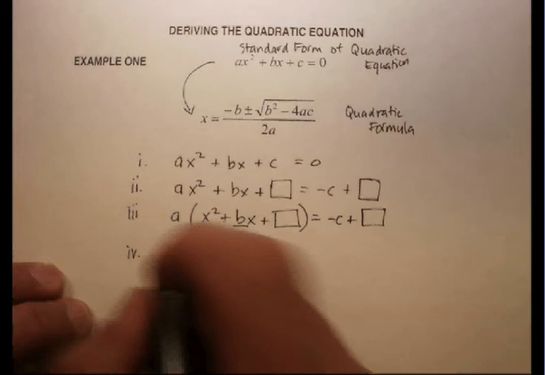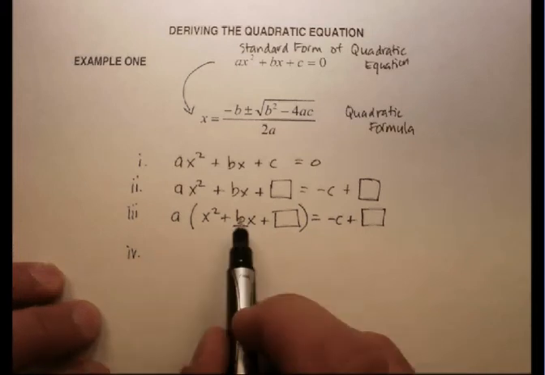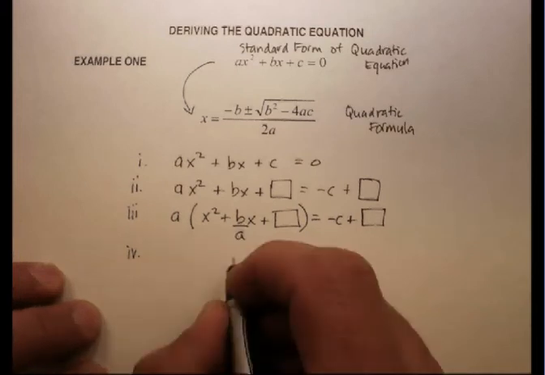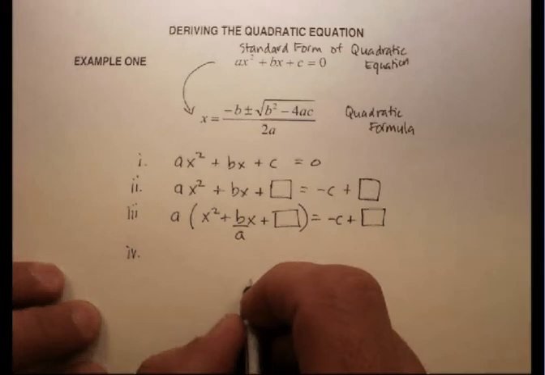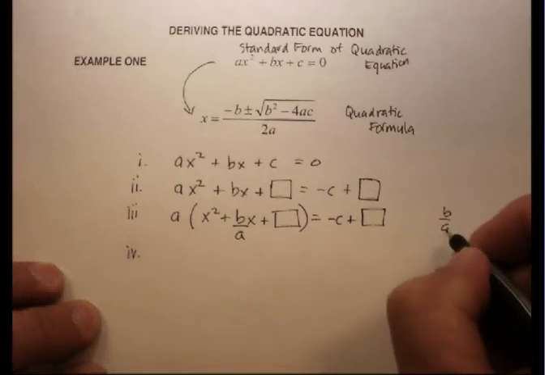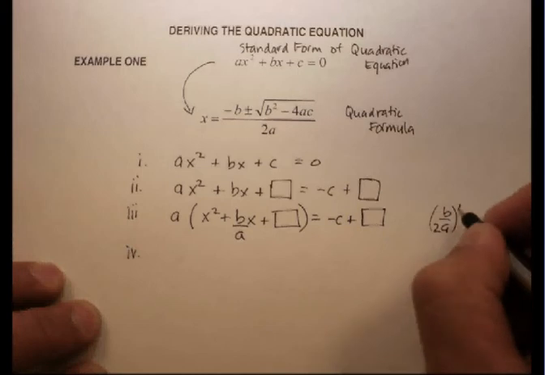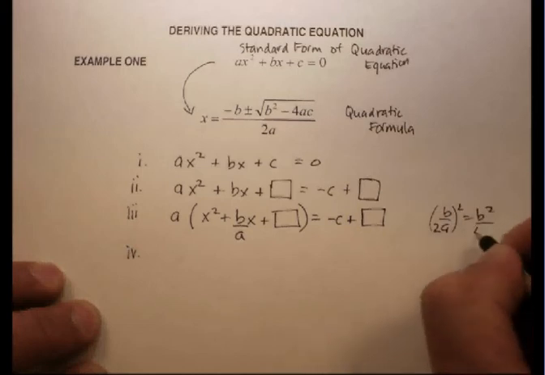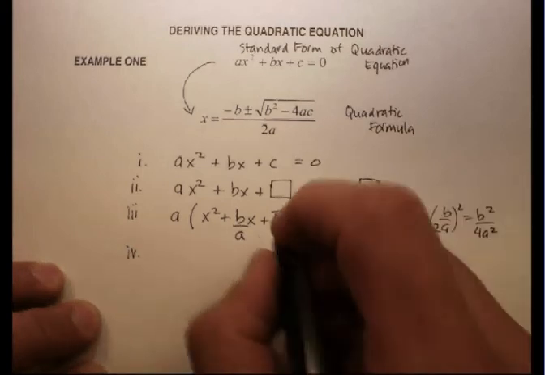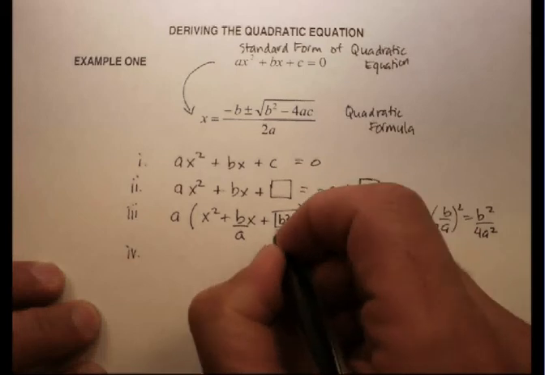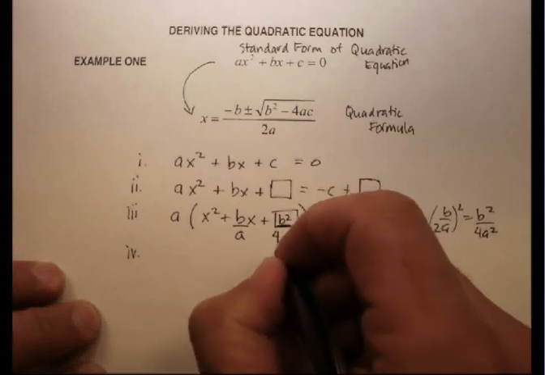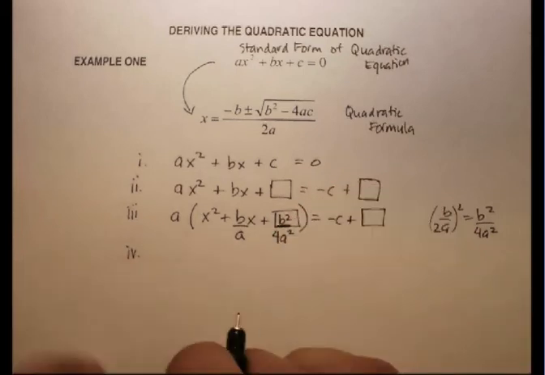Now, in the next step, according to the completing the square procedure, you're going to take half of this, which is just b over 2a, and then you square it, which gives me b squared over 4a squared. So here I've got b squared divided by 4a squared.